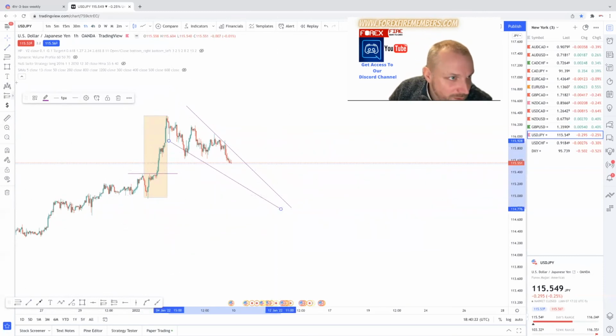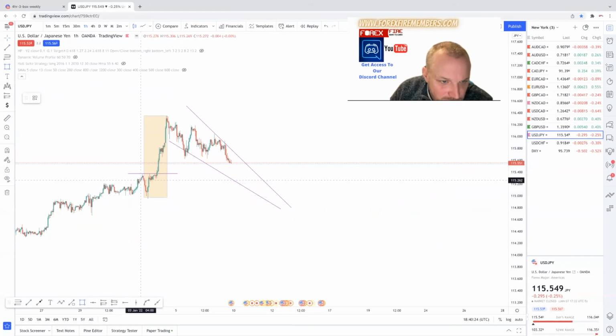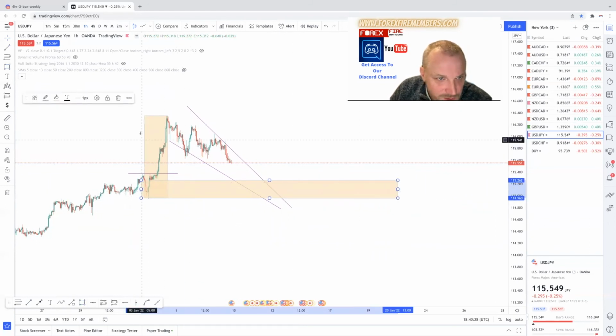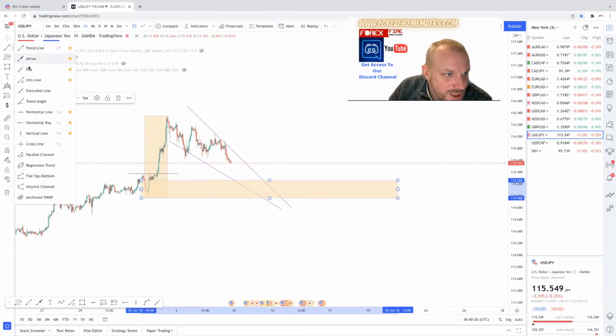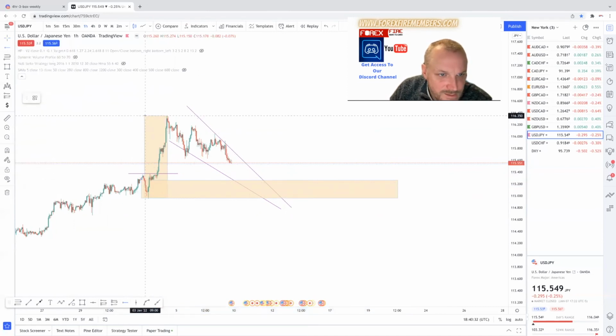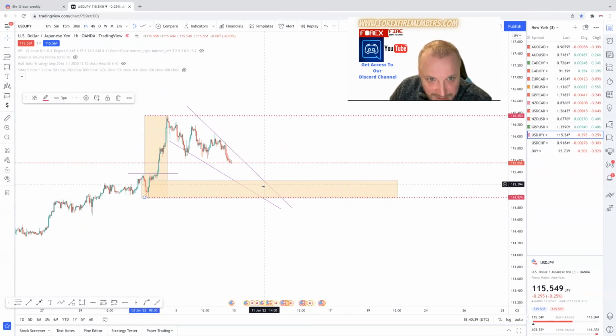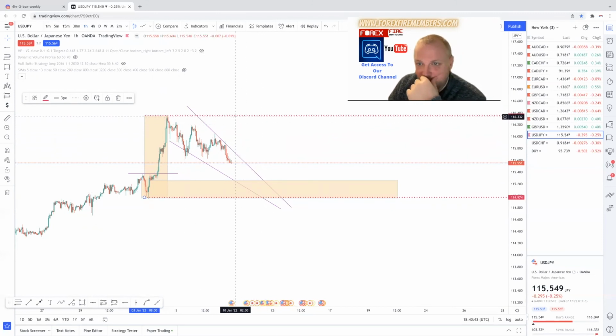Starting to get the flag to come down at the box 2, run it into here. Okay, get the range high and that range low, because I do believe this is going to come down, spike into here. It's going to retest back up here for another turn, I think, before we get the push down.